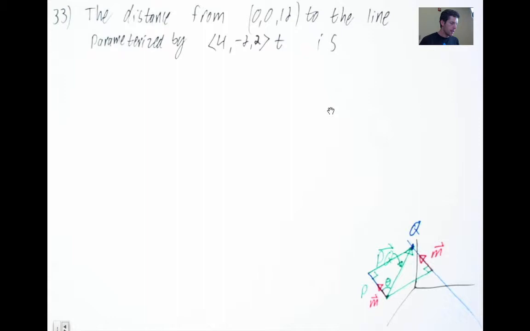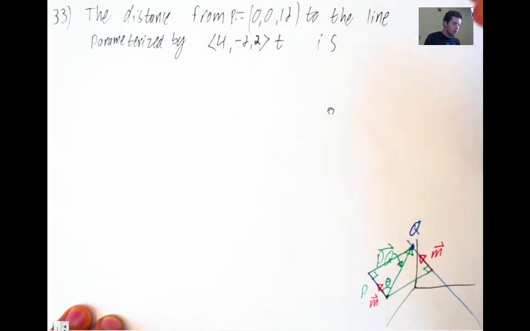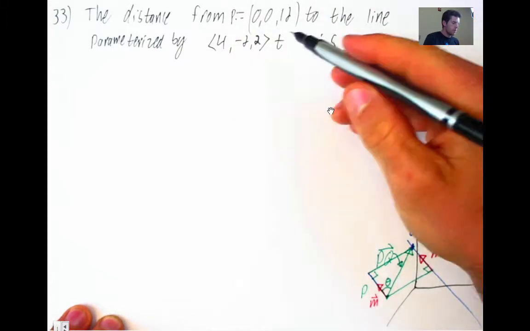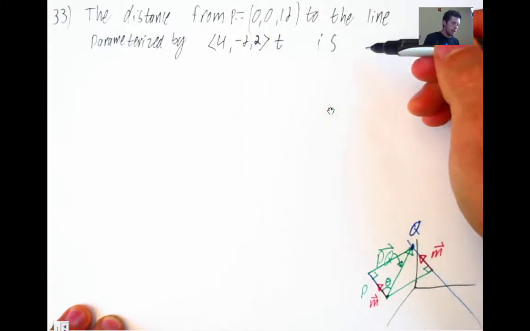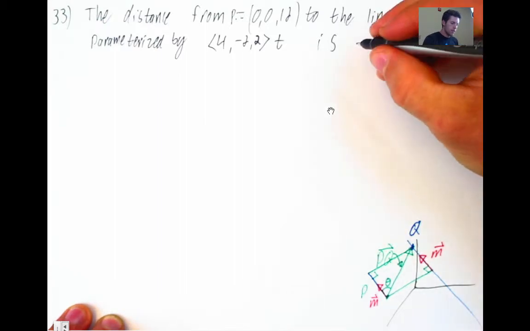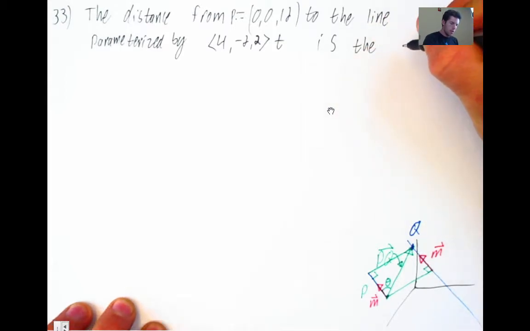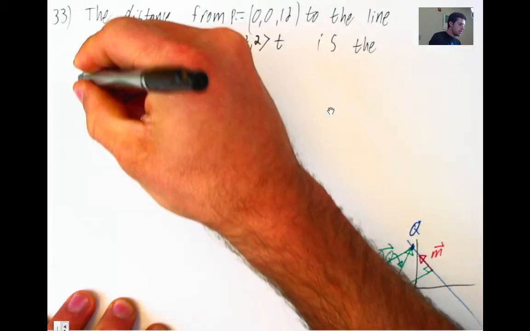I should name things. From the point P on to the line parameterized by 4, -2, 2t, I need a point Q. Let's see, you know what this is?